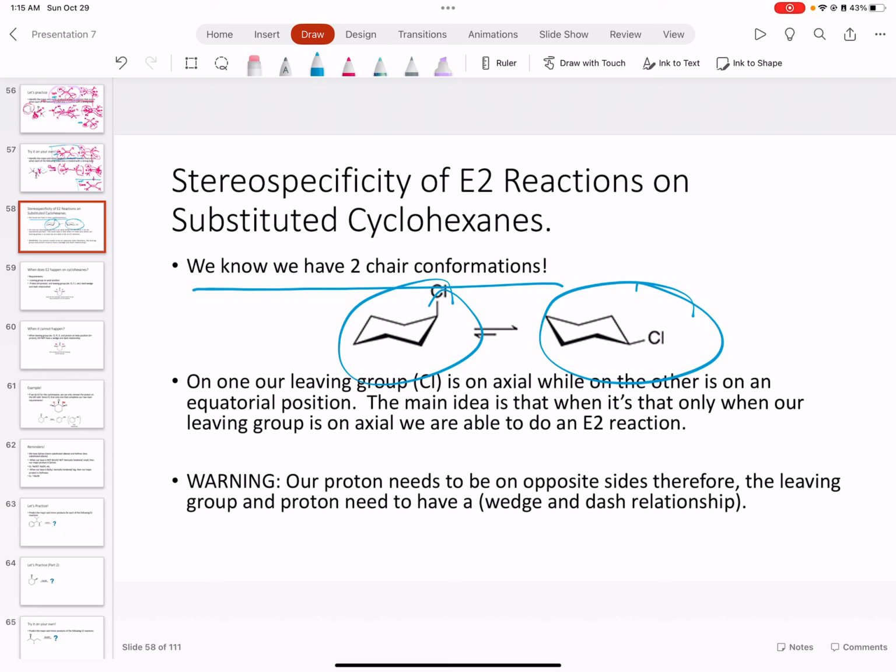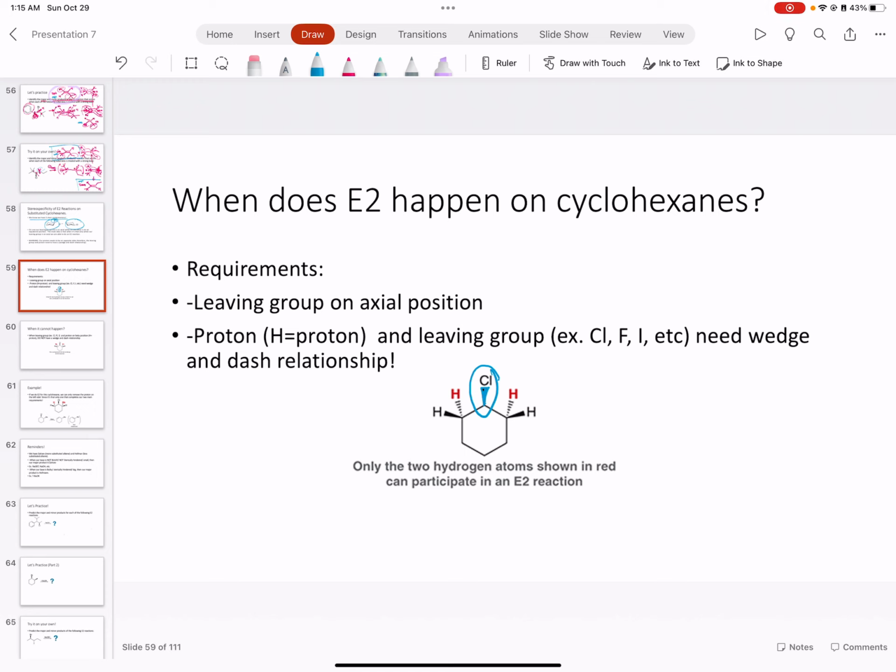So when does E2 happen on cyclohexanes? We have some requirements. Our leaving group needs to be on an axial position, normally represented as a wedge, just like that. Then we said we need a wedge and dash relationship. Therefore, our hydrogens need to be on dashes.